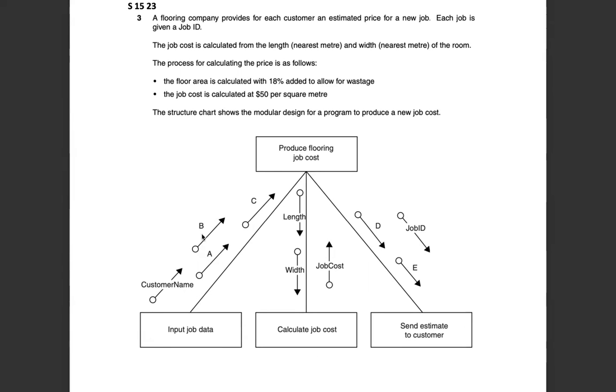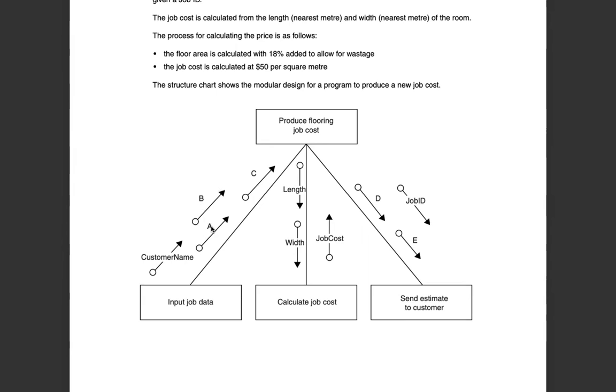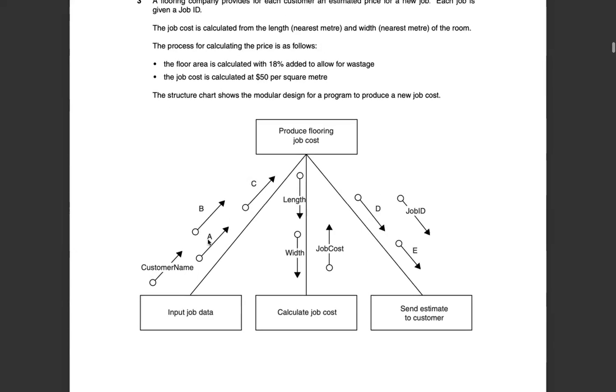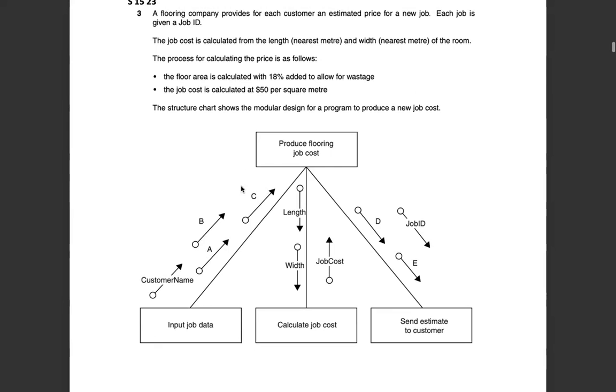So obviously two of them have to be the length and width. By the way, we can call them anything here. It could be B, it could be A, it doesn't matter. What's important is that the values are mentioned here. So two of these missing three values have to be length and width.